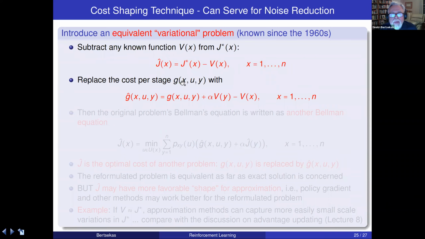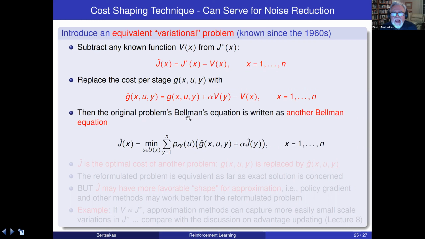And then you make a change in the cost per stage. And this is the cost per stage at state x going to state y under the influence of u. And you add this term here and subtract this term: subtract V sub x, the state from which you start, and add alpha V sub y, where y is a state where you end up. So let's introduce this J hat and G hat and take the Bellman equation from the original problem.